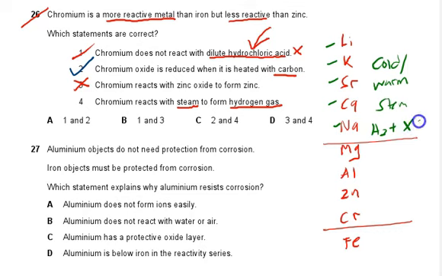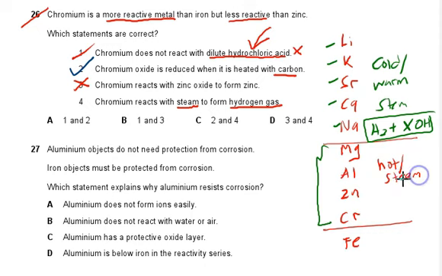However, the next 4 elements, zinc to chromium, will react with hot water or steam. Steam is a hot gas. They form hydrogen and also their hydroxide.